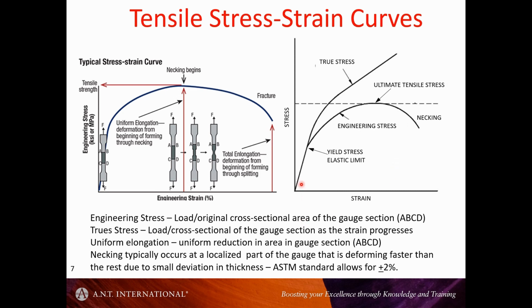If you look at an engineering stress strain curve, it would look like this, and the true stress curve looks like this. The point here where you would stop measuring the true stress would correspond to the ultimate tensile stress, which is described as the point of instability.